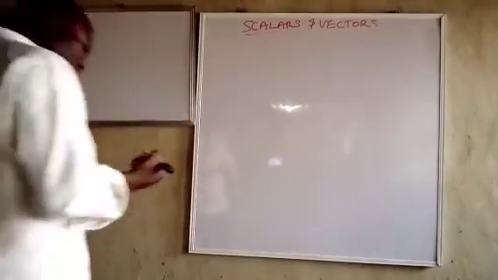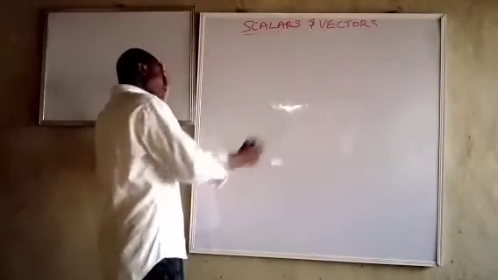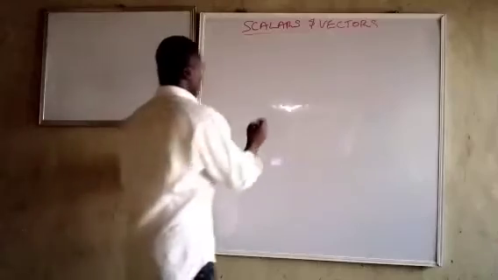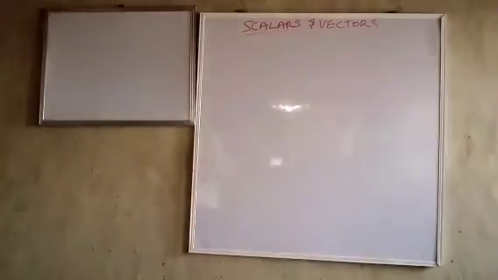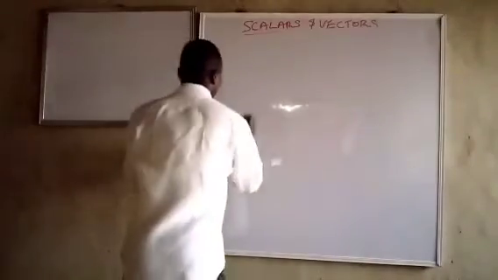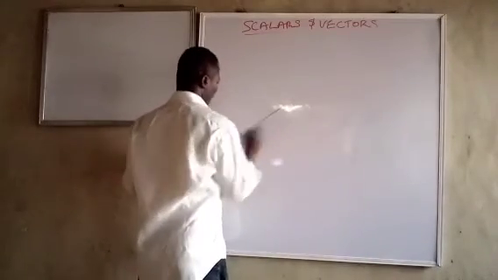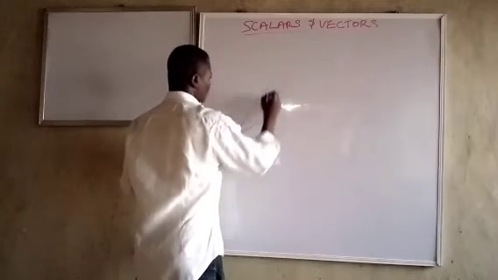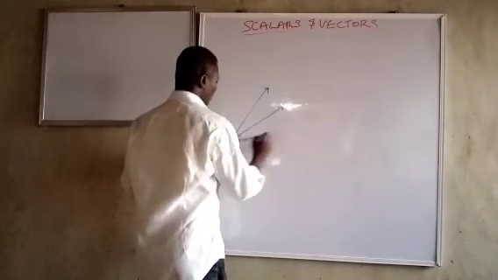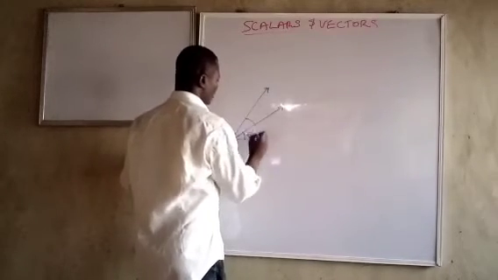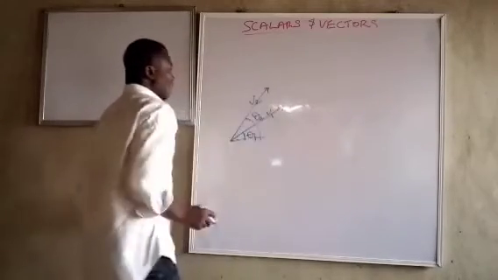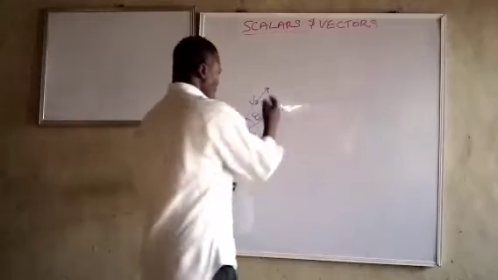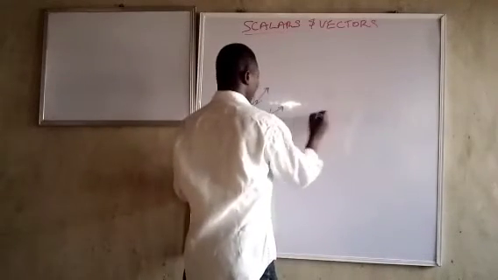Now let us look into addition of vectors again. We want to add two vectors, V1 at theta 1 and V2 at theta 2. And we said if we want to add these, we just need to do something like this.